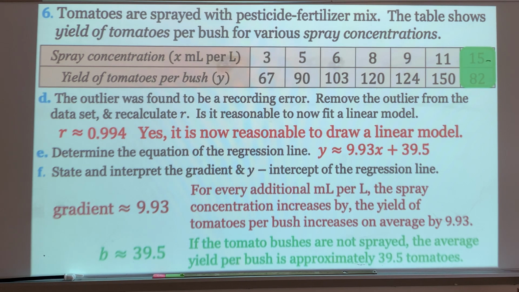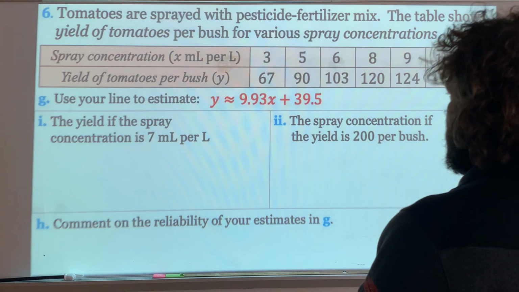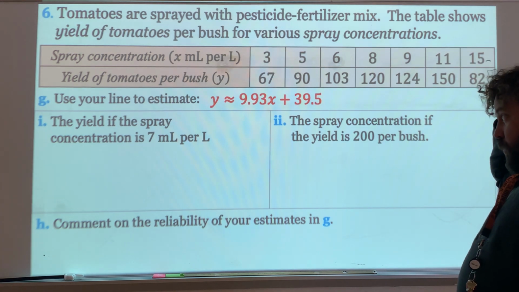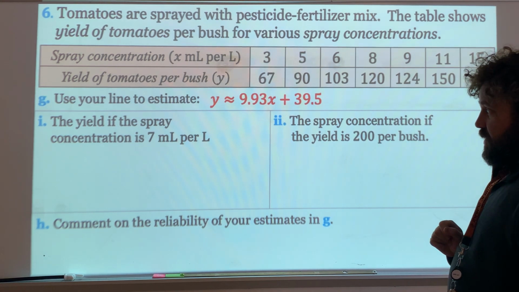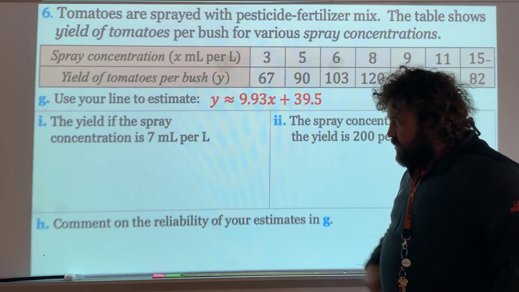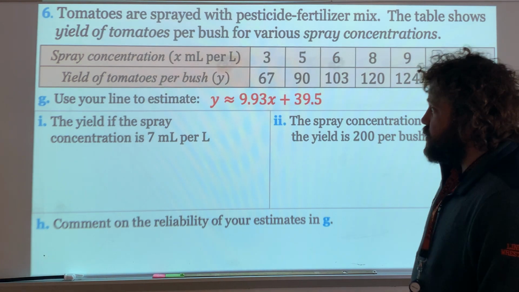Ready for number 7? Oh, not yet. Number 6 though. Use our line. Our line is y equals 9.93x plus 39.5. What is the yield of spray? If the yield of spray is 7 milliliters per liter, and you spray the tomato bushes, how many tomatoes should there be on a bush?